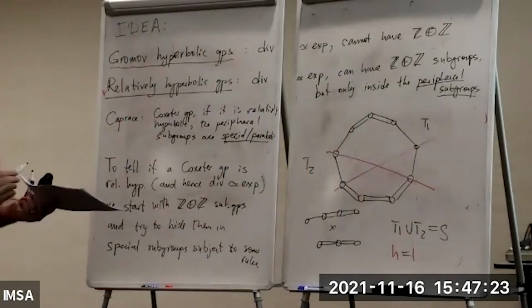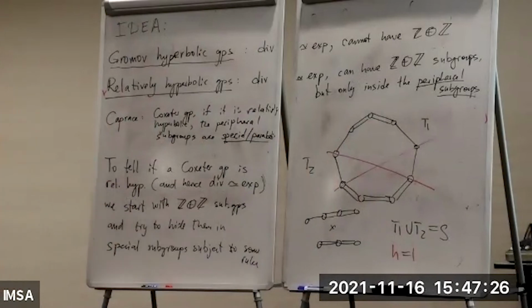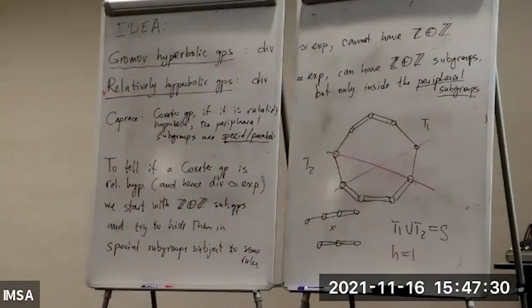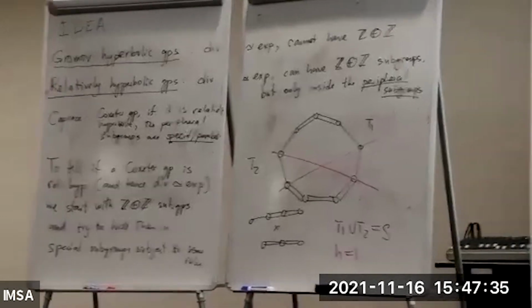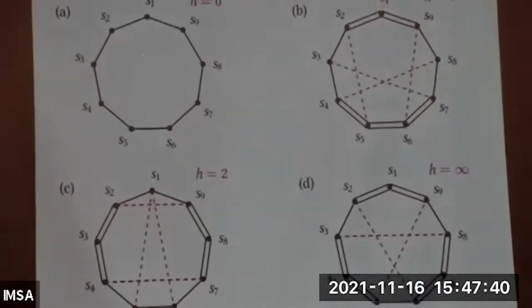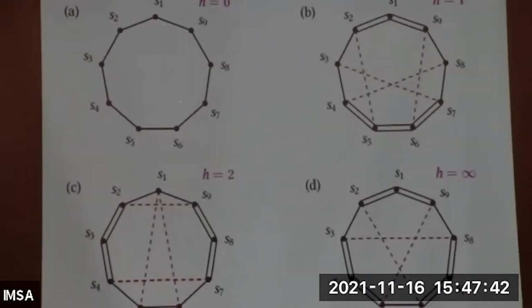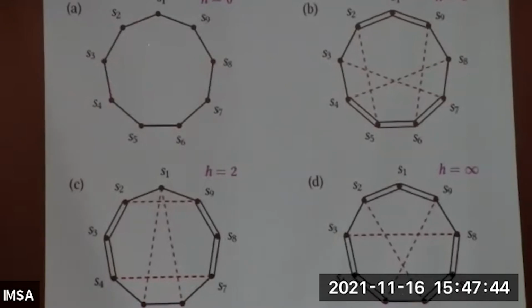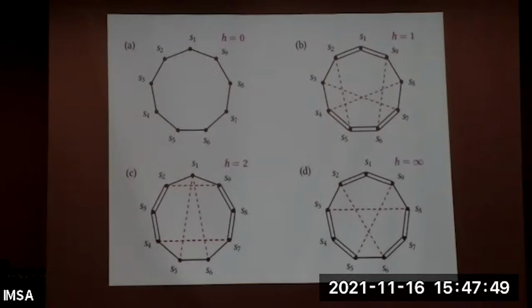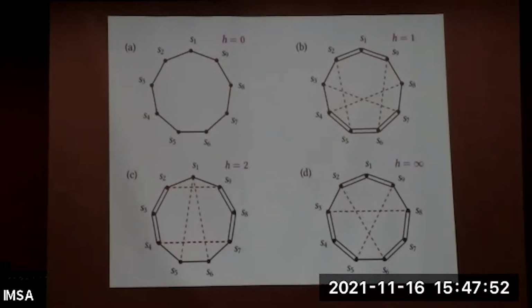I understand that I'm saying something not very coherent, but let me give you just a picture of a few examples. So that has hypergraph index 0 because it's affine. This has hypergraph index 1, and I tried to explain why.